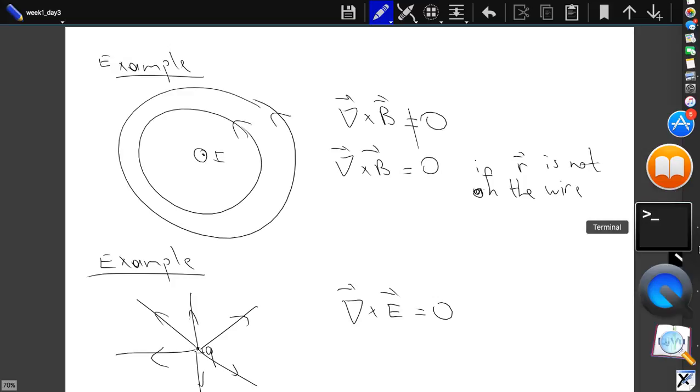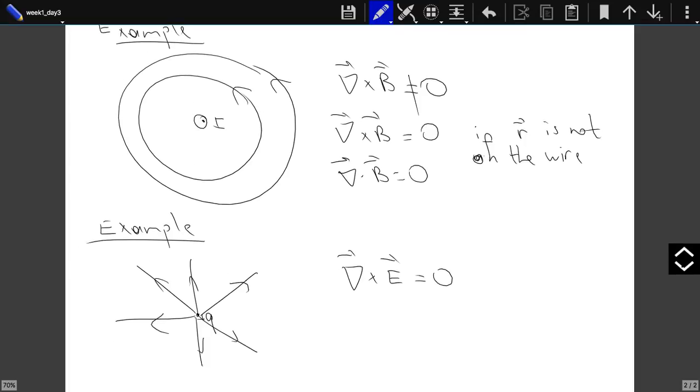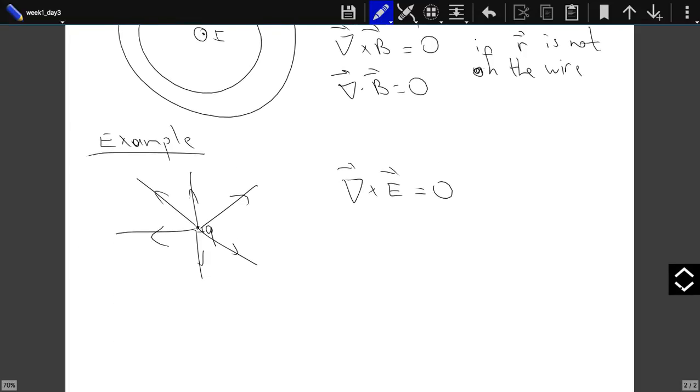If we go back to these examples, the magnetic field is not diverging from any point, so the divergence of B is 0. But the electric field is diverging from a point, so the divergence of the electric field is non-zero.